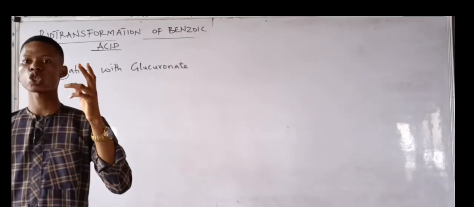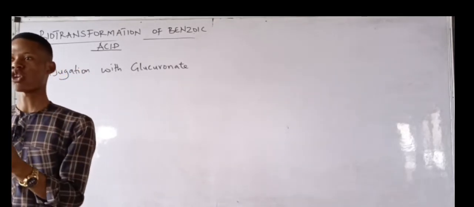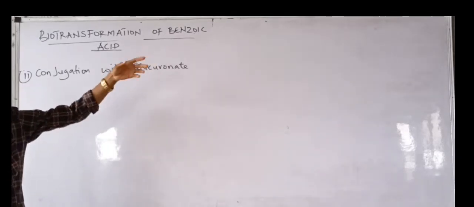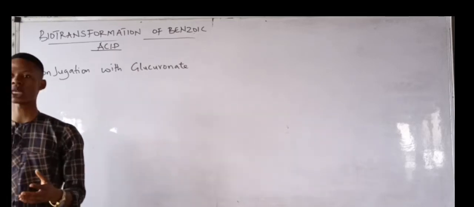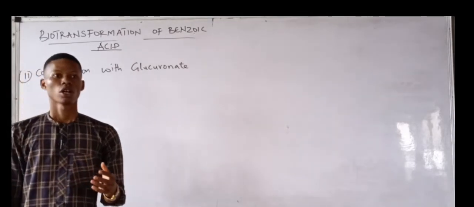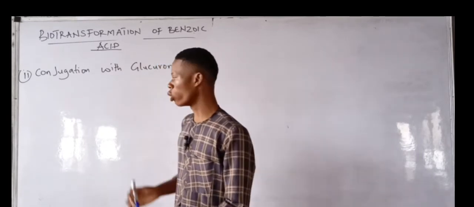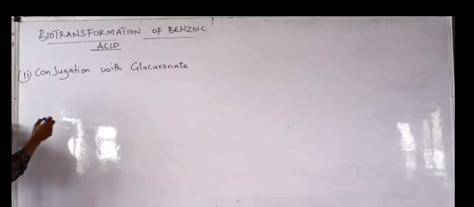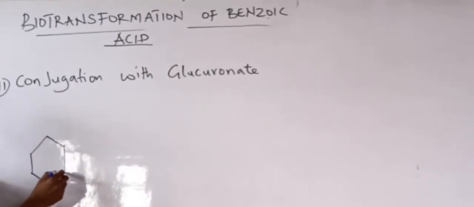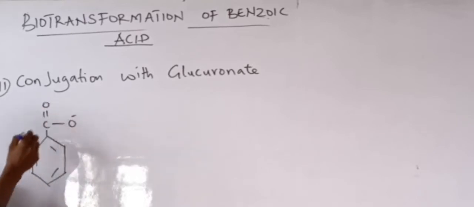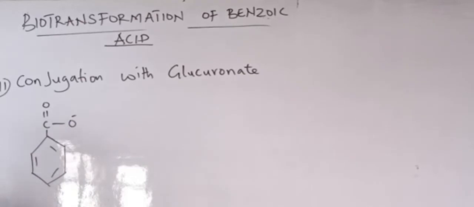All right, so we've seen that there are two main conjugation reactions benzoic acid can undergo during its biotransformation. The first one is conjugation with glycine, right? Now the second one is conjugation with glucuronate. If we already know the structure of our benzoate, these are benzoates, is it not?